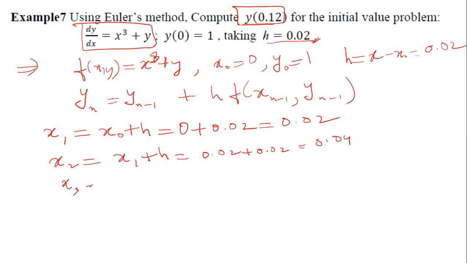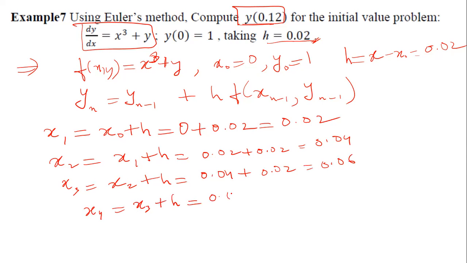Our x3 will be x2 plus h, 0.04 plus 0.02, 0.06. x4 will be x3 plus h, 0.06 plus 0.02, 0.08.